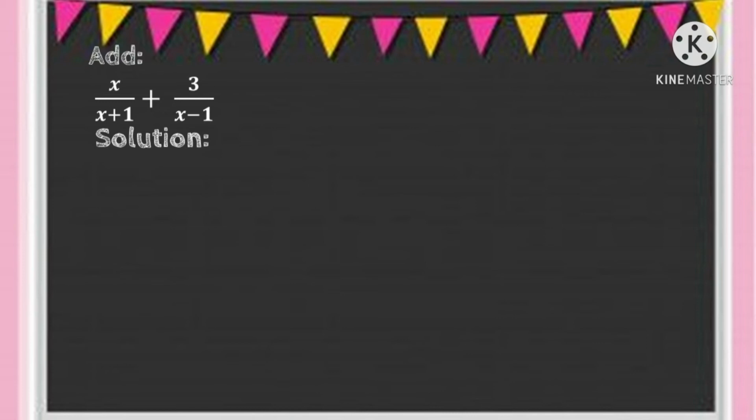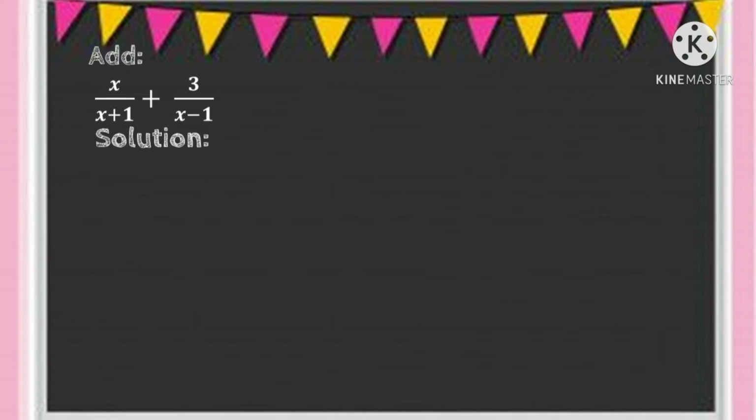If we were to add x over x plus 1 and 3 over x minus 1, first, let's find the LCD. The LCD is equal to the quantity of x plus 1 multiplied by the quantity of x minus 1.